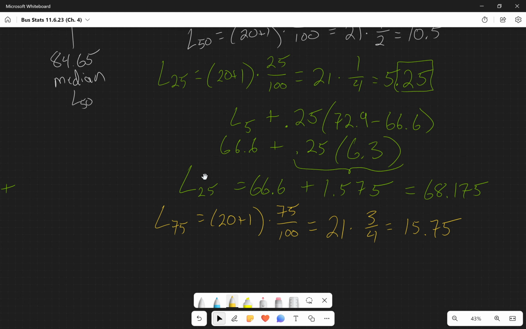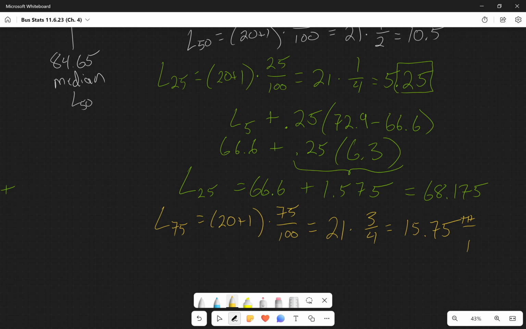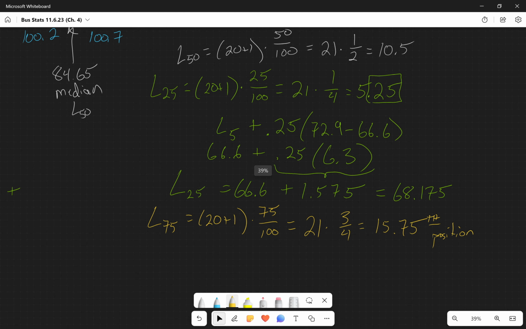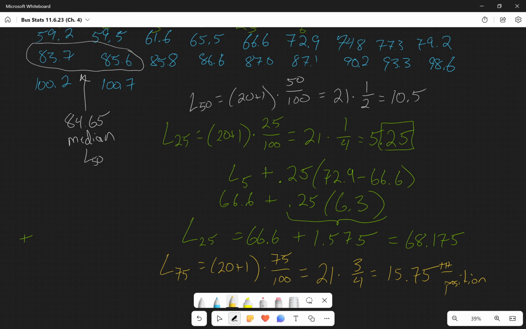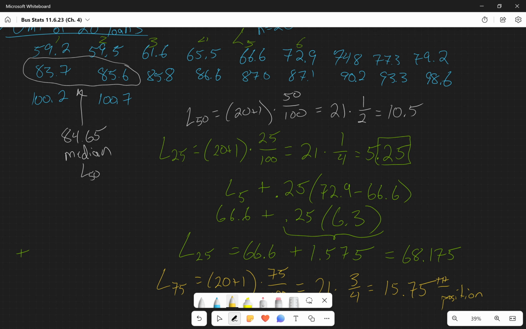And again, this is the 15.75th position. How do we evaluate the 15.75th position? Well, we have to find the 15th value, right? So this is 7, 8, 9, 10, 11, 12, 13, 14, 15. This is our 16th one here.